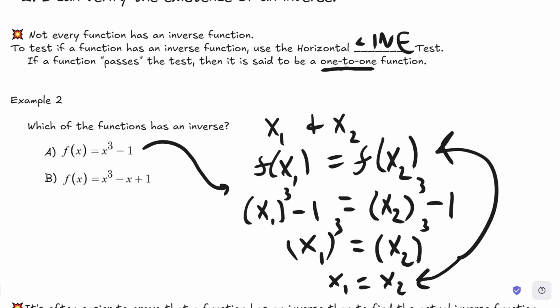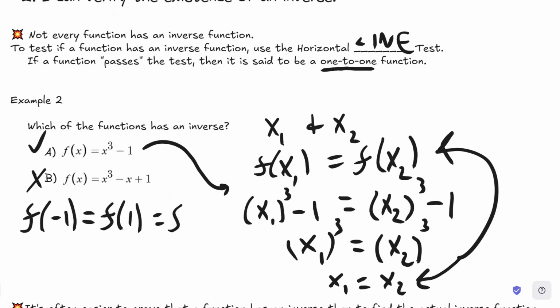Now, for b, we looked at the graph and verified graphically that it doesn't have an inverse. In fact, as long as you find two x values that produce the same y value, so if you plug in 1 or -1, or in fact even 0 into the function, all of those equal 1. So that's three x values that produce the same y value.